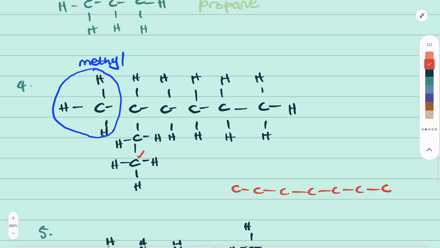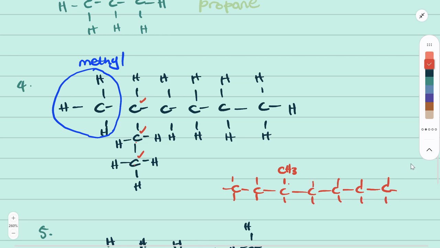This carbon here does not have a substituent. This carbon does not have a substituent. The third one has a substituent, which is the CH3 that we see over there. And the rest of the molecule doesn't have substituents. It's just filled with hydrogens.